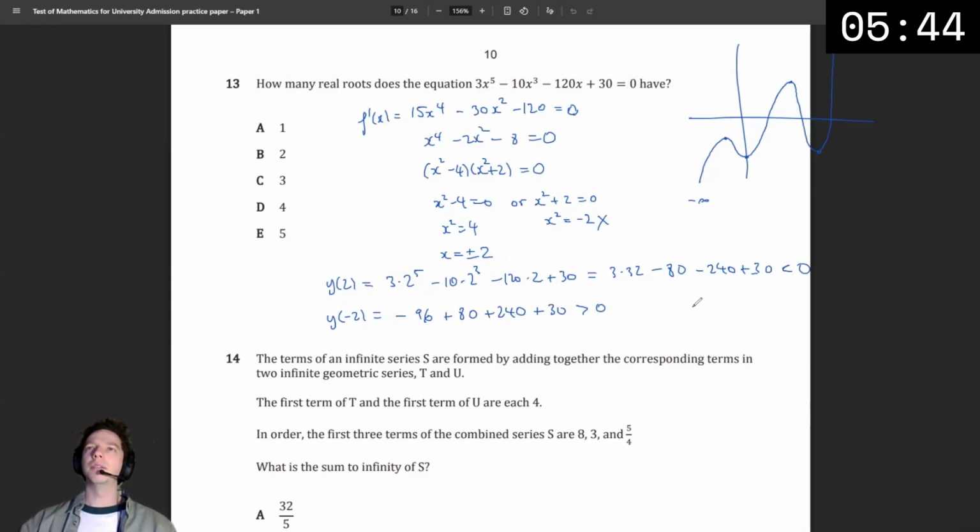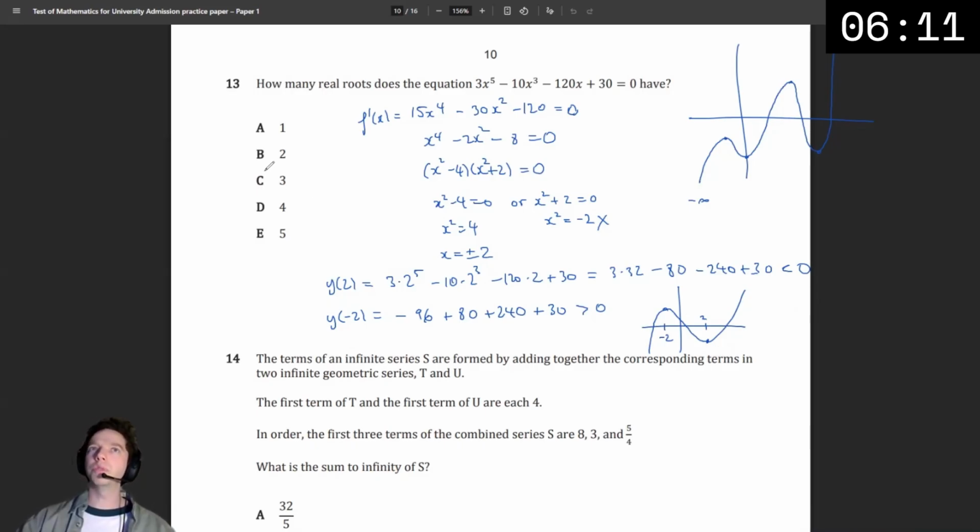Okay. All right. So basically, this is our graph. It comes from negative infinity. Minus 2 is a positive turning point, so we're going to have a root there. Then at 2 we have a negative turning point, so we're going to have one here, and then it's just going to go up like that.